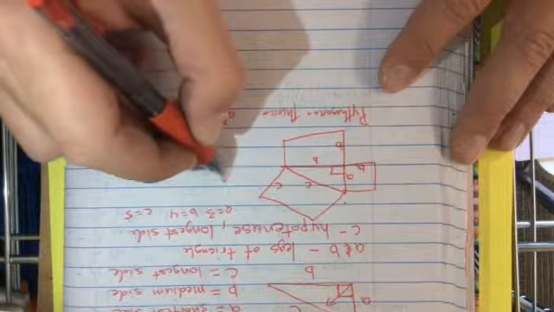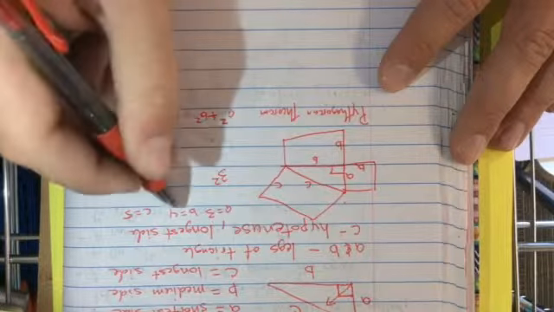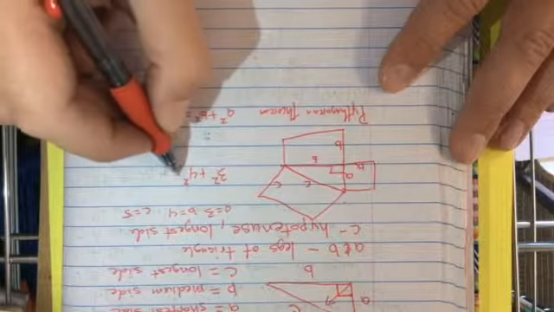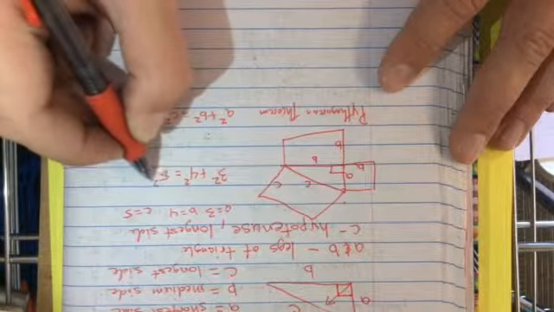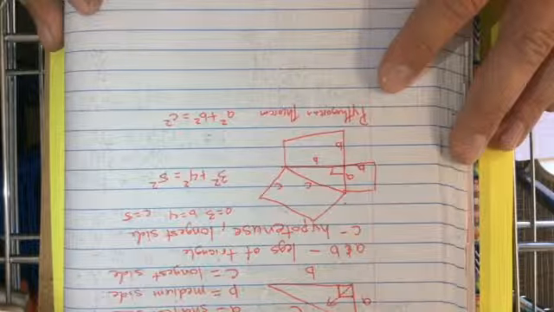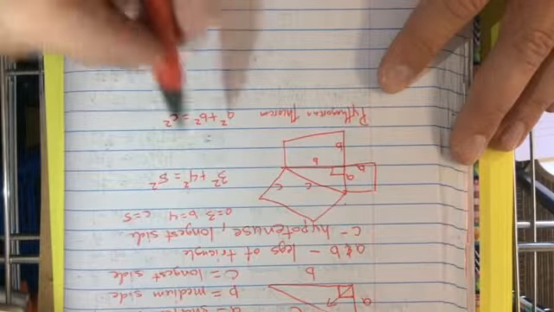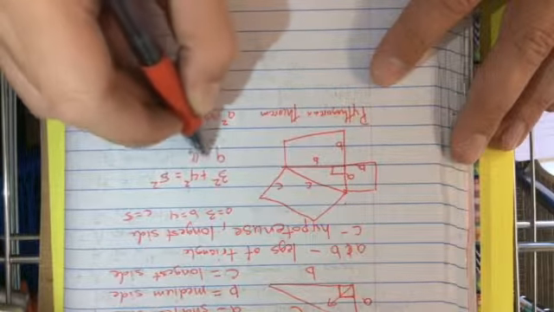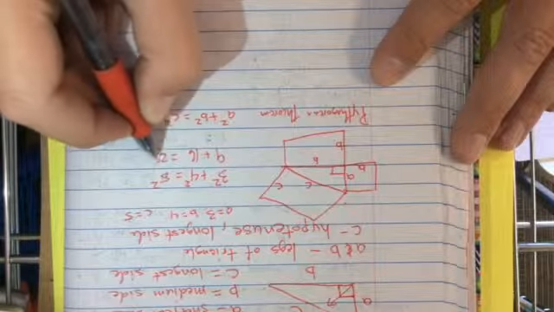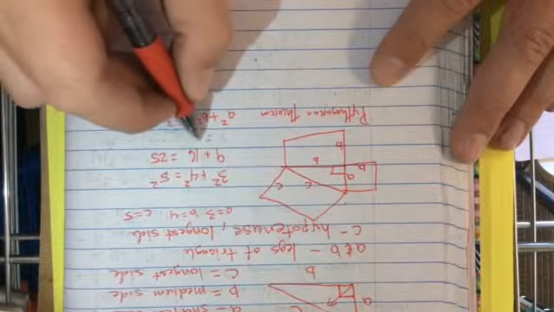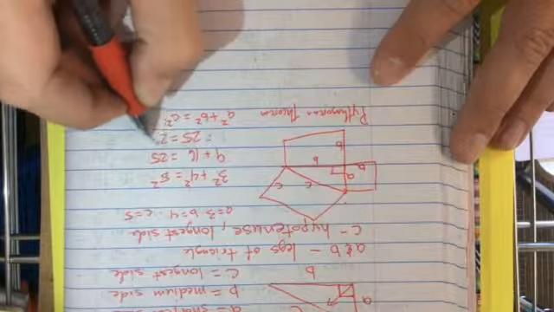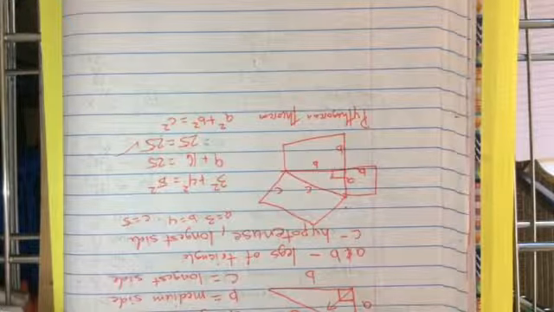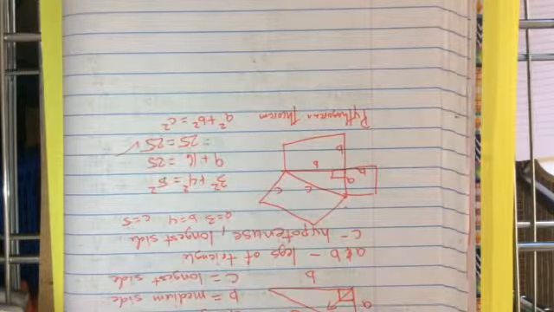So we have 3 squared, substitute 4 for B, plus 4 squared, substitute 5 for C, equals 5 squared. 3 squared is 9. 4 squared is 16. 5 squared is 25. 9 plus 16 is 25. 25 equals 25. So the areas in a right triangle using the Pythagorean theorem are going to be the same.